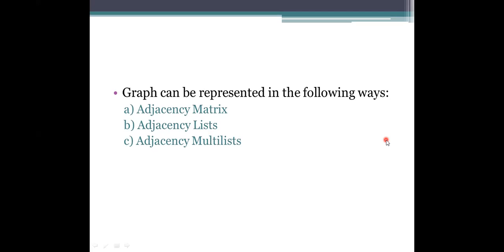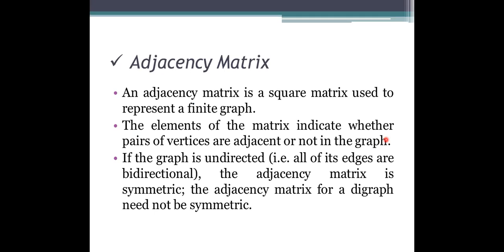There are three ways to represent a graph: adjacency matrix, adjacency list, and an extension of the adjacency list, the adjacency multi-list. If you remember the sparse matrix representation, we discussed it in the earlier sessions.